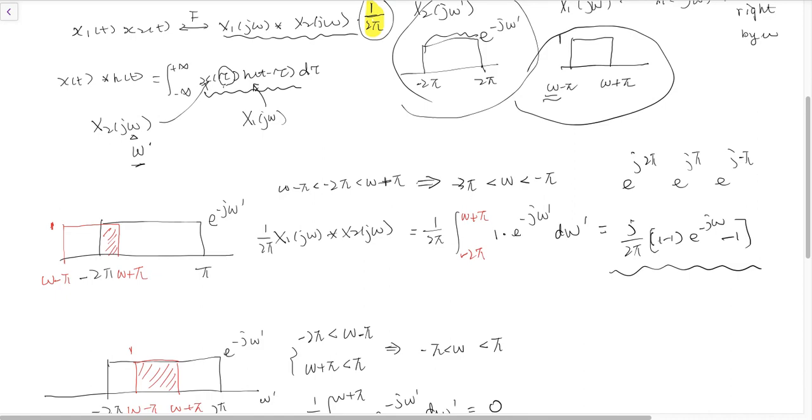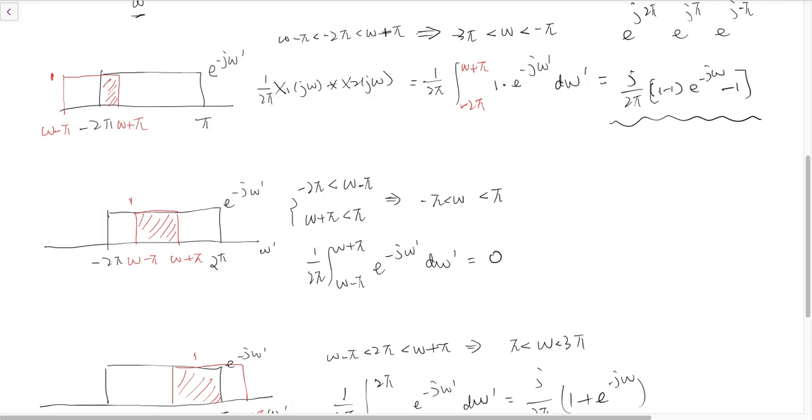For one of the signals, we do the time reversal, we shift to the right by omega in our case, and we move it along the omega prime axis to find the different overlaps, the different intervals. And we calculate the integral, and we got our answer.